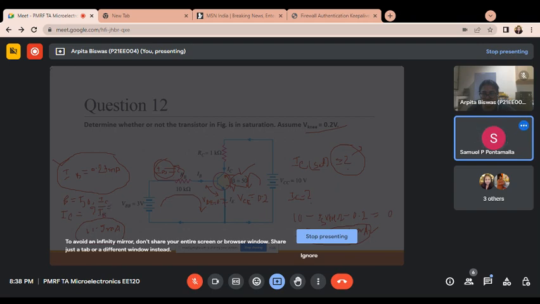You know the IB value, so just multiply IB with 50, and you can get the value of IC. This is 11.5 milliamps.